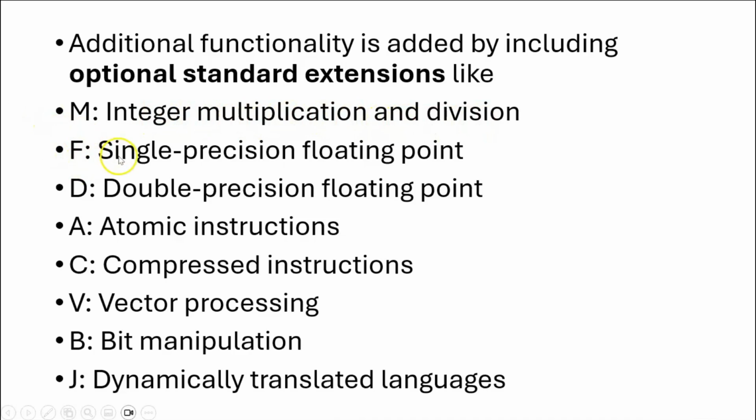Then we have F for single precision floating point, D for double precision floating point, A for atomic instructions. Again, we have mentioned this earlier. C for compressed instructions, V for vector processing, B for bit manipulation, and then finally the J here is for dynamically translated languages.